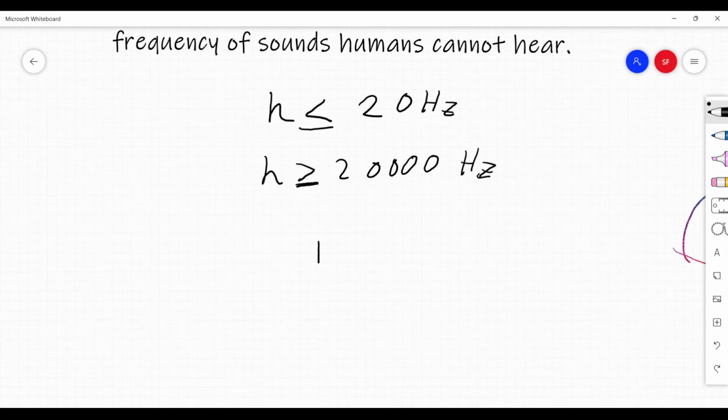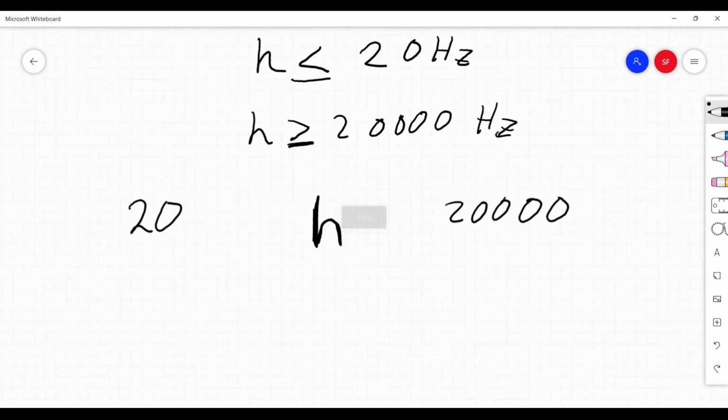So H is going to go in the middle, right? We always put the smaller number on the left and the bigger number on the right. So we put 20 over here and 20,000 over here. Now we have to make sure, with the alligator eating the bigger number, that the signs point the correct way.